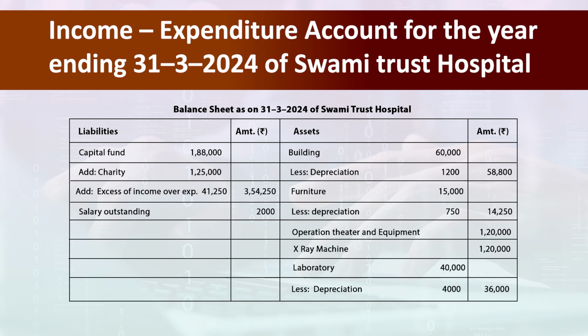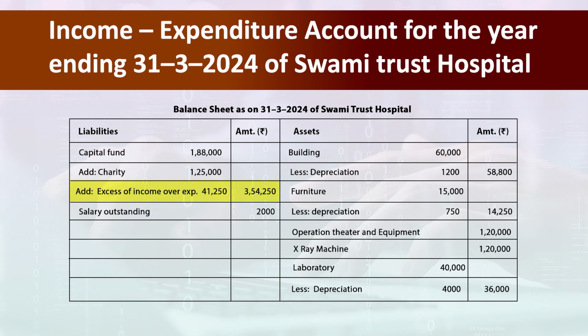Then on the liability side, we have recorded the capital fund amounting to rupees 1,88,000. In it, we add the charity amount of 1,25,000 and we also add excess of income over expenses of rupees 41,250.